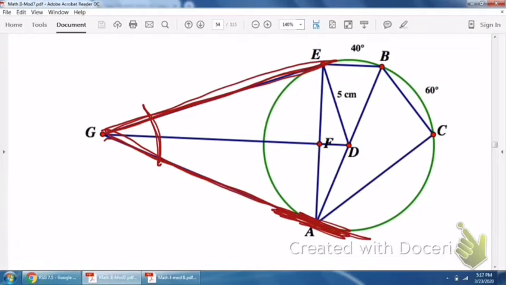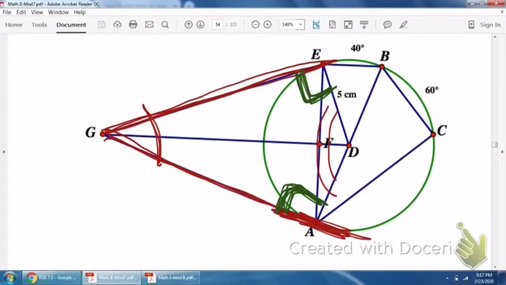The reason that this and this angle are supplementary is because what they did here is they made a 90 here with a perpendicular bisector and a 90 here, and that'll always happen. So that's 180.